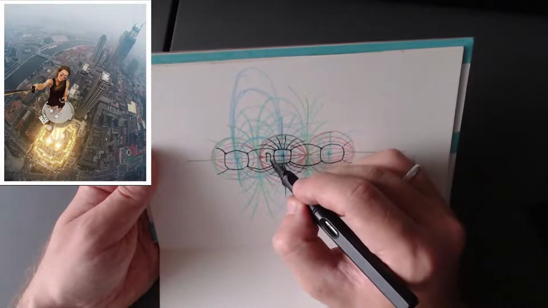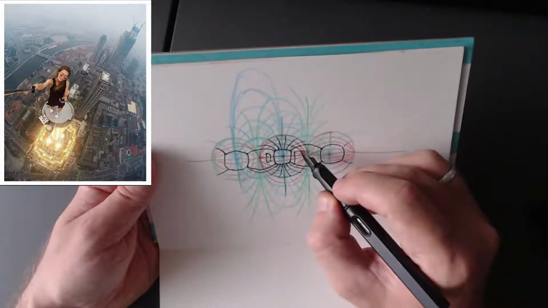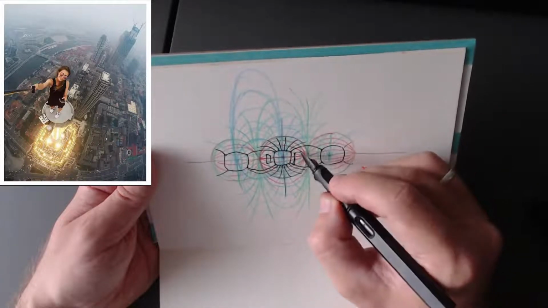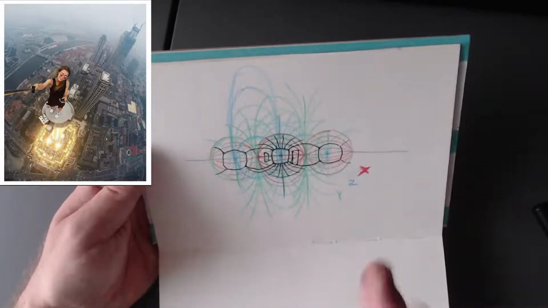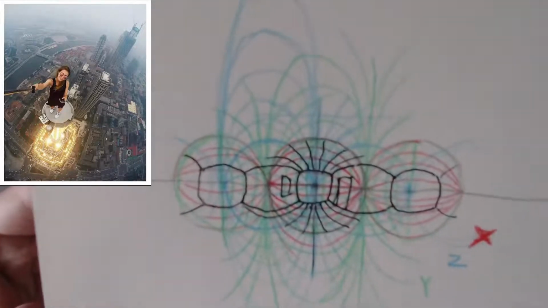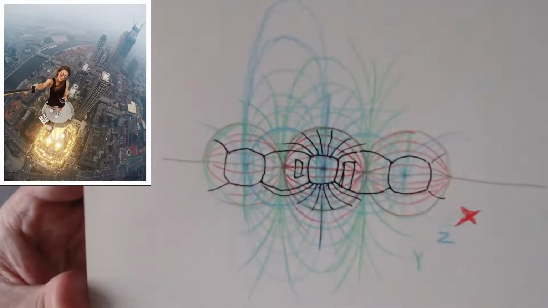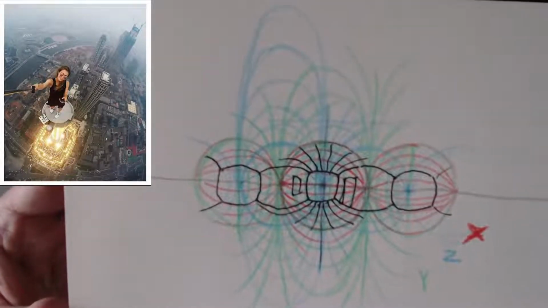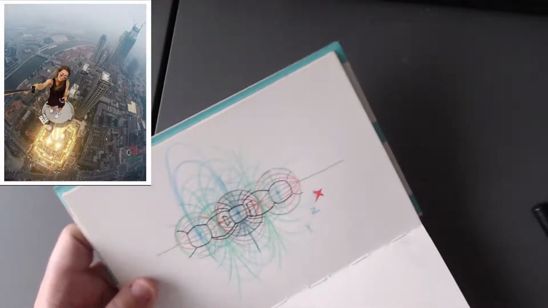Let's draw some windows. Door. So this is some simple, quick explanation of the perspective grid for 360 horizontally.